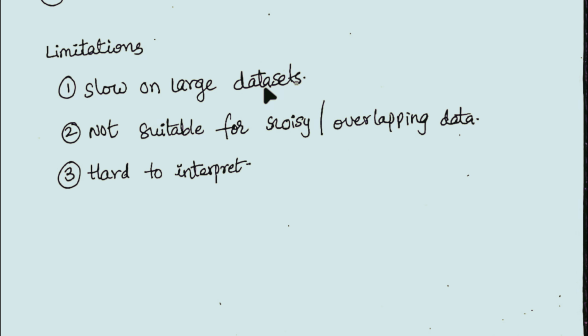Slow on large data sets, not suitable for noisy or overlapping data. Last one is hard to interpret. So what is the meaning of this? Slow on large data sets: when you give a large data set, it may be very slow. Not suitable for noisy data. And last one is that it is very hard to interpret. Okay, so this is all about SVM, support vector machine.